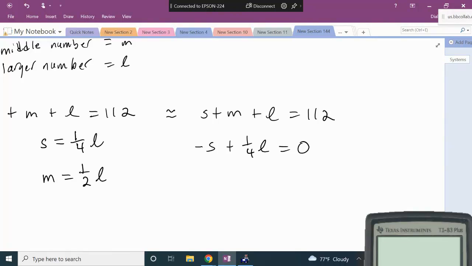And I'm going to do the same thing to that last equation. I'm going to take M and subtract M from both sides. So I have negative M plus 1/2 L is equal to 0.